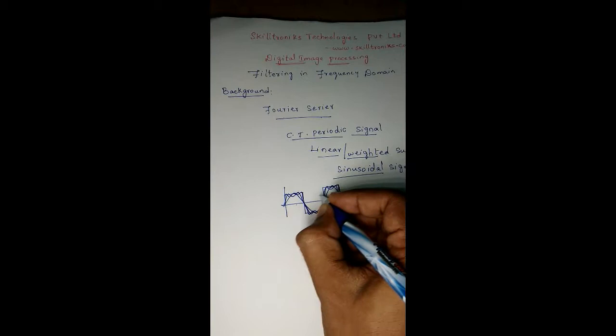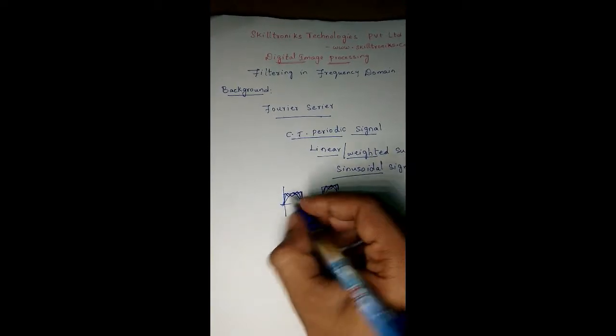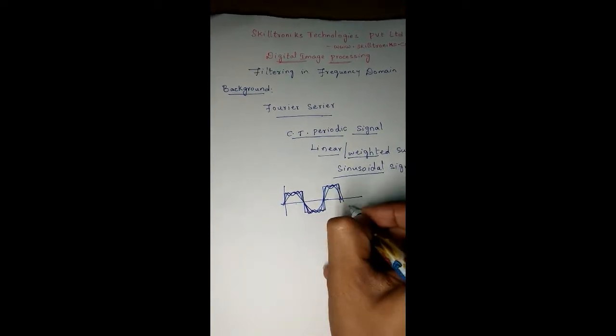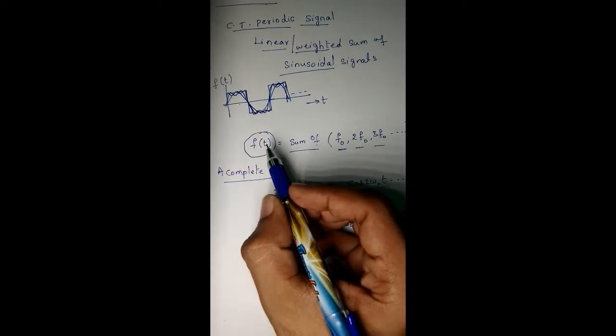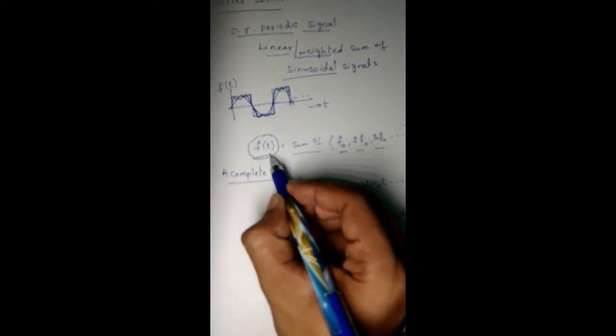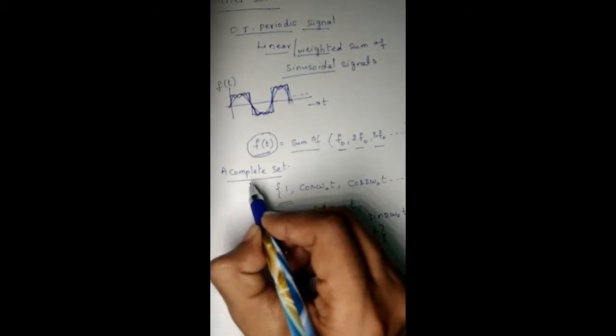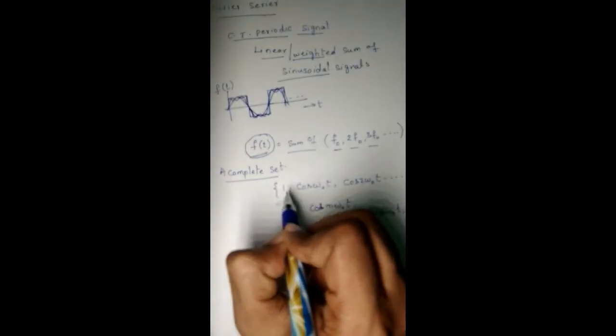Adding all these sinusoidal signals, you will get the square wave. Any arbitrary periodic function f of t can be expressed as a linear sum of sinusoidal and cosinusoidal signals.